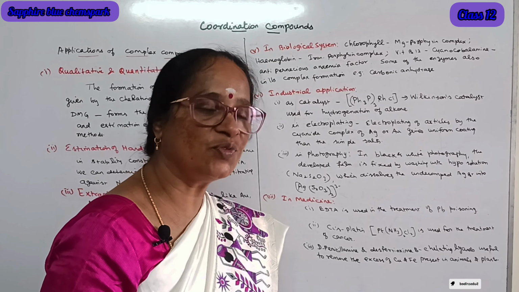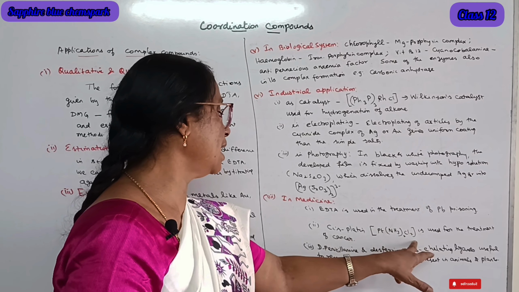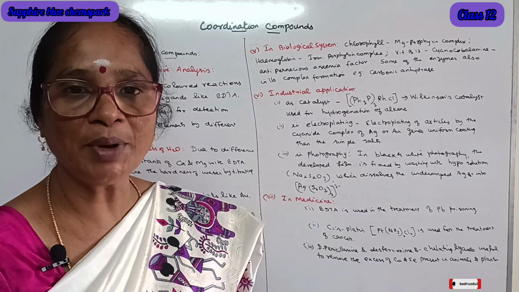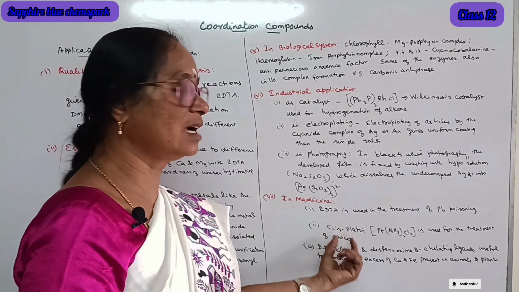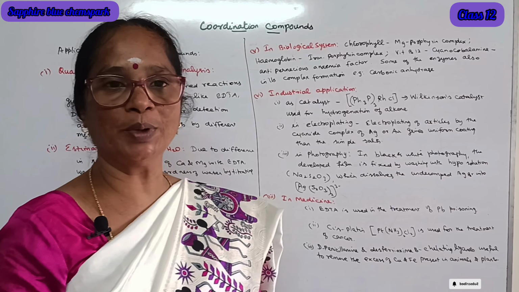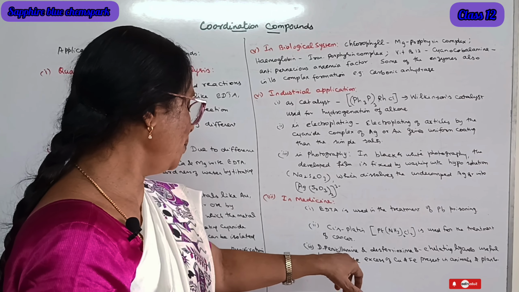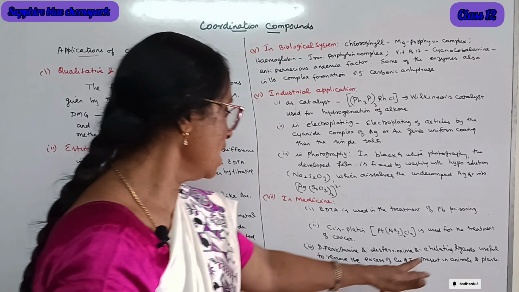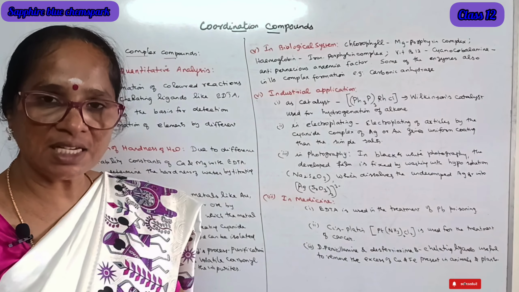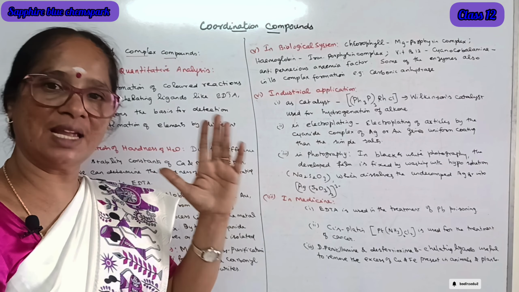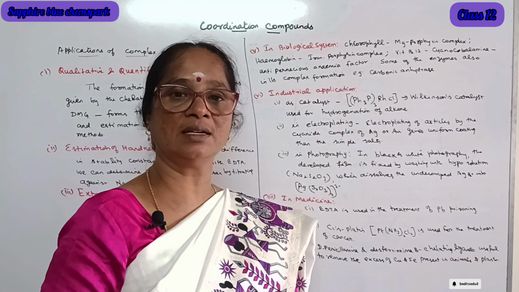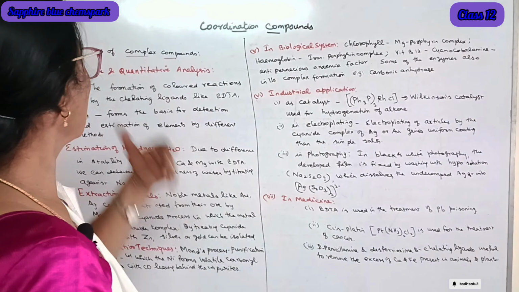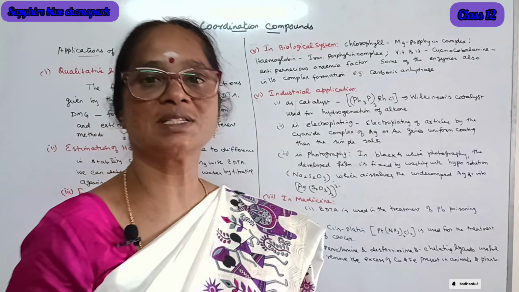Cisplatin, the cis form of diamminedichloridoplatinum(II), is used in the treatment of cancer, where it controls the growth of tumors. The next ones, D-penicillamine and desferrioxamine B, are also chelating ligands, which are useful to remove excess copper or iron present in plant and animal systems. Those are all the applications of complex compounds.